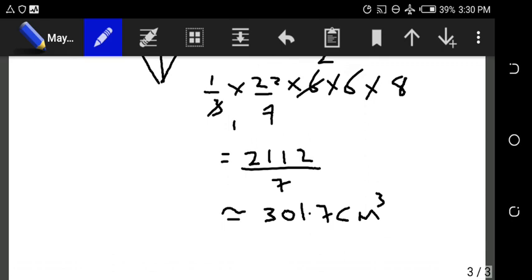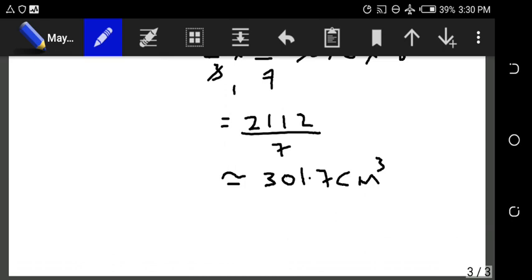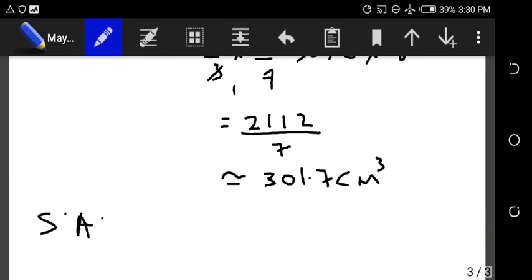Now if you recall the formula for the surface area of a cone, the formula is given by pi r l plus pi r squared, or the other way around, you can say pi r squared plus pi r l.